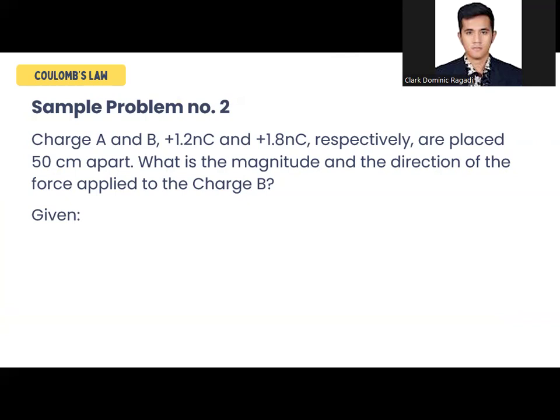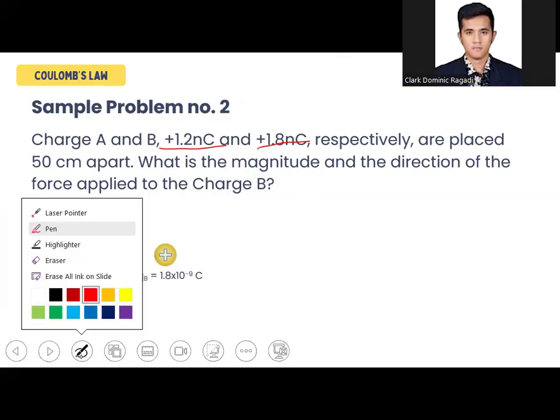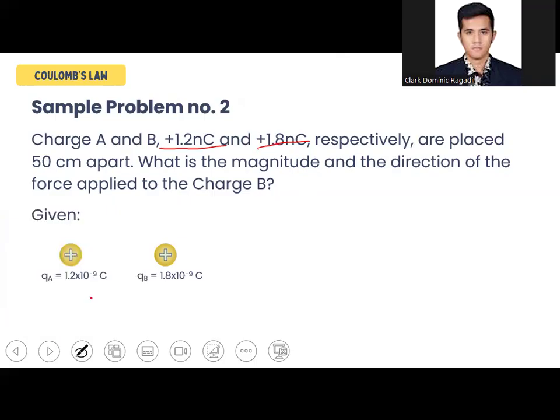First, we're given a charge of 1.2 nanocoulomb, that's our QA. Then we have another charge, 1.8 nanocoulomb, that's our QB. The distance between them is 50 centimeters. But in dealing with forces, specifically in Coulomb's law, we should use metric units.